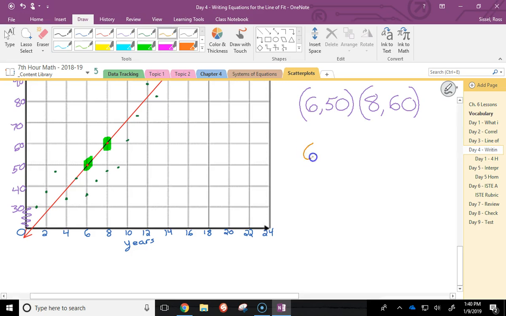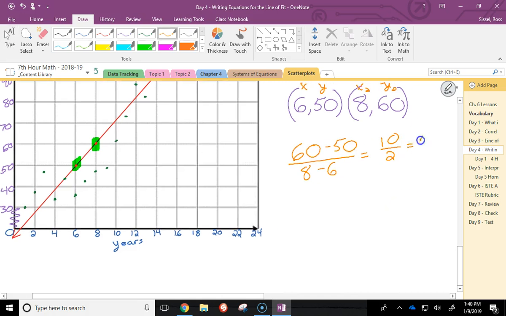So 60, which was y2, and x2. These are the second ones. So 60 minus 50 for mine, over 8 minus 6. I'm going to get 10 over 2, and it simplifies to 5.